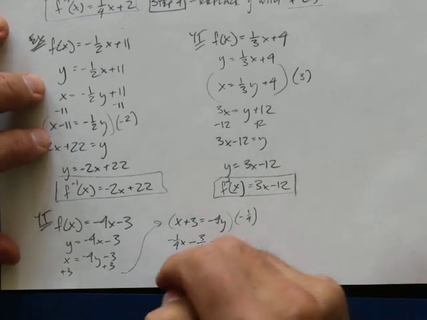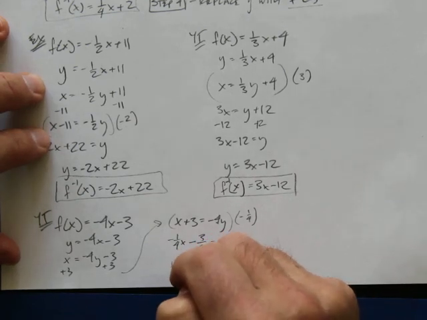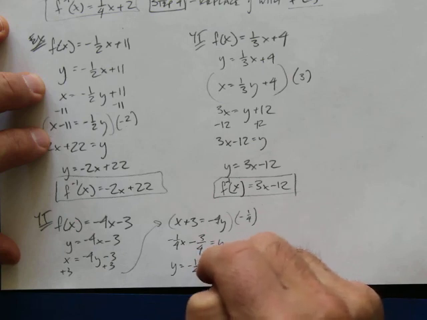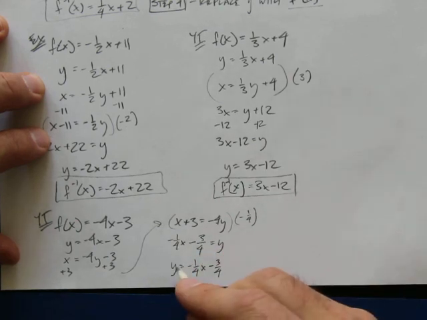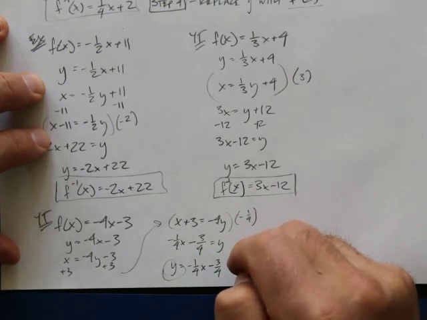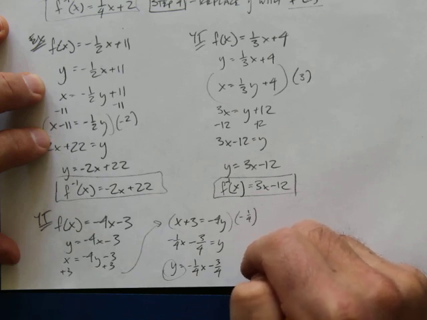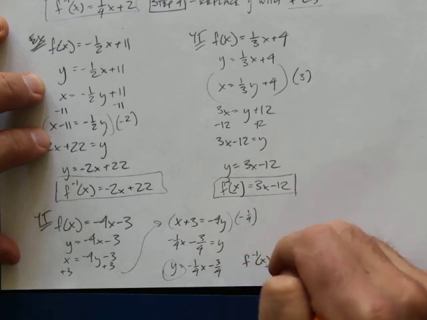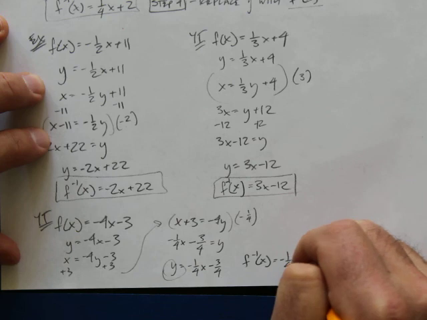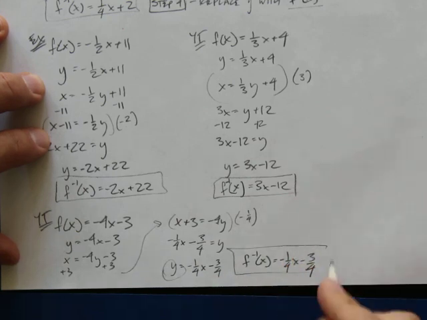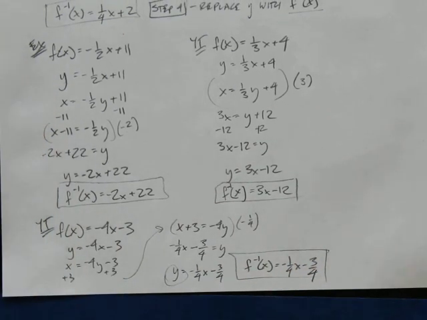That's all right. y equals negative 1/4 x minus 3/4. And now I'm just going to rewrite this y as the inverse of f of x equals negative 1/4 x minus 3/4. Circle that, and we are done with 4-7.